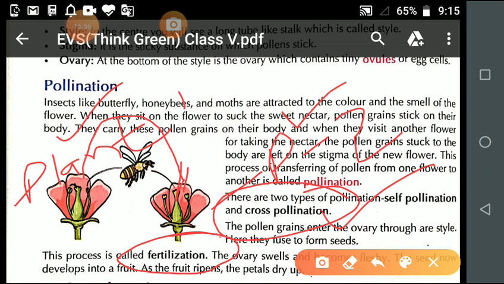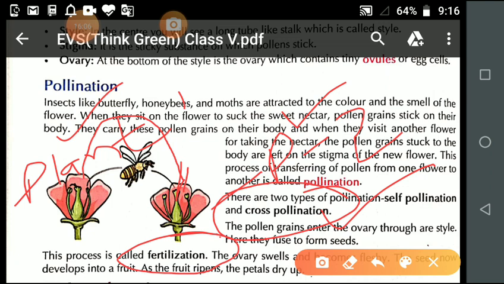And now after fertilization occurs, each ovule develops into a seed. Each seed contains a tiny undeveloped plant called an embryo.